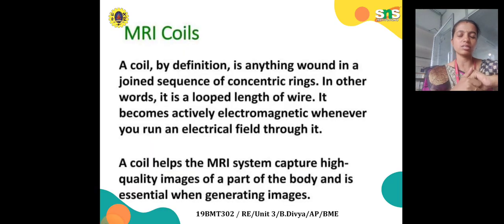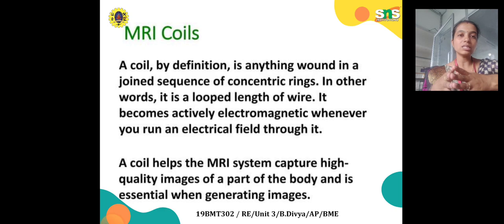What is a coil generally? A coil by definition is anything wound in a joint sequence of concentric rings.